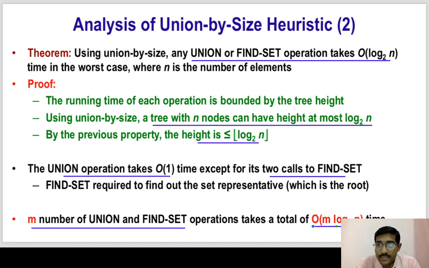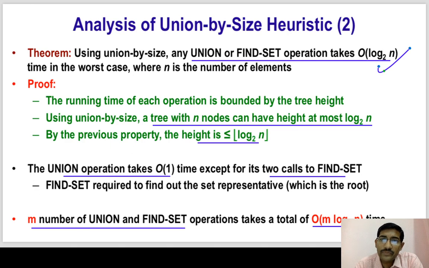So essentially this is an improvement, because earlier here we got order of n. So instead of this, if we union by size by a little tricky method, where we add the lesser size element's representative as a child of the higher size element's representative, then we get this benefit.